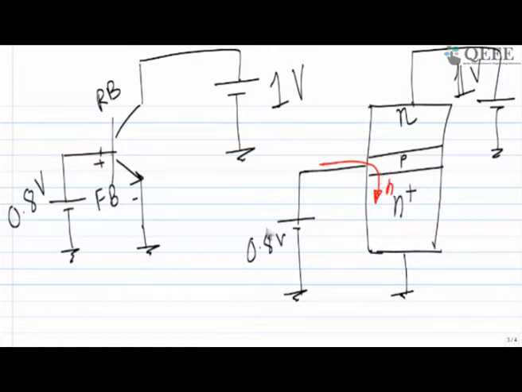If it's giving holes from P to N plus side, this N plus will create lots of electrons, more electrons than the holes that came, because it's an N plus region.